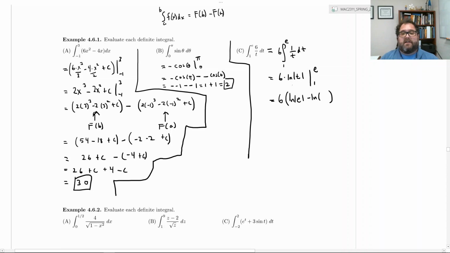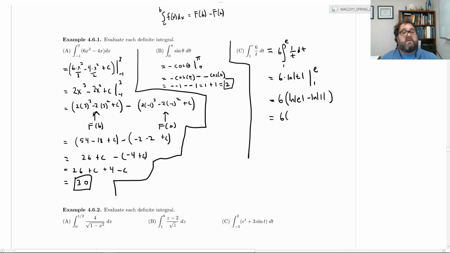Actually, I would have been lucky there. In general, it super matters that your antiderivative of 1/t is natural log absolute value. But here I would have gotten lucky if I had left off that absolute value by accident, because e and 1 are positive numbers, so absolute value doesn't change anything.